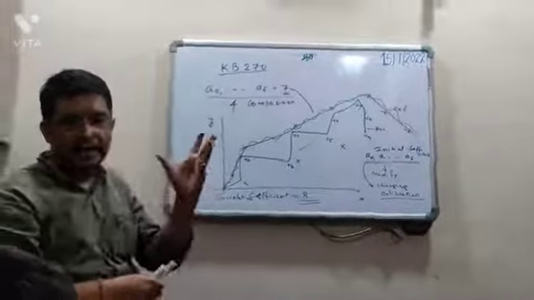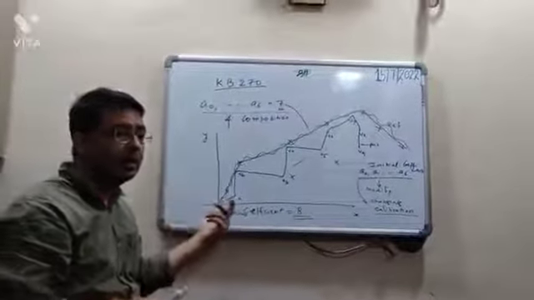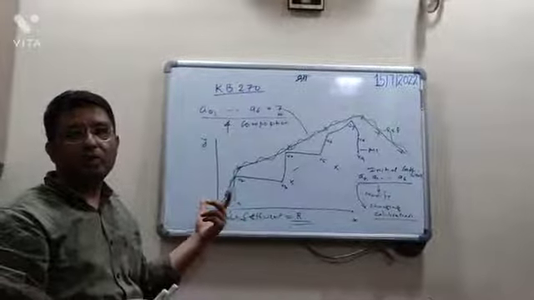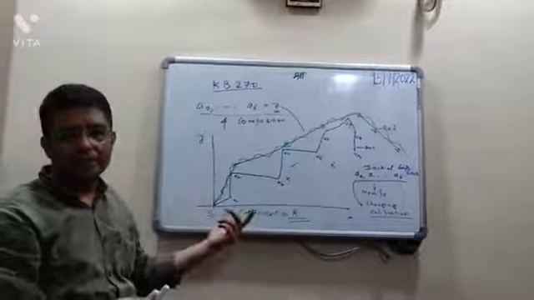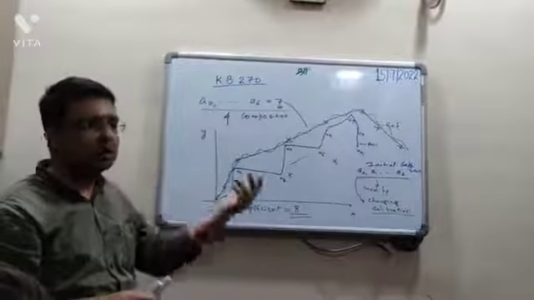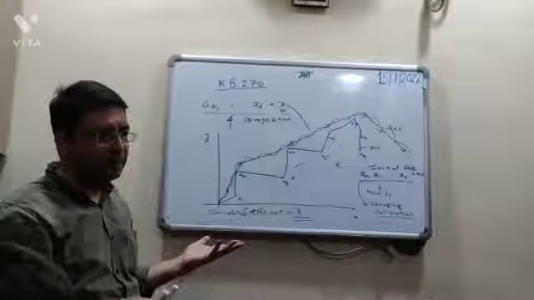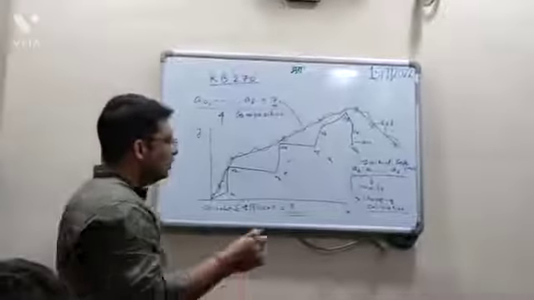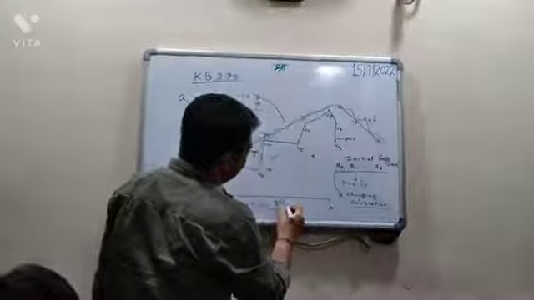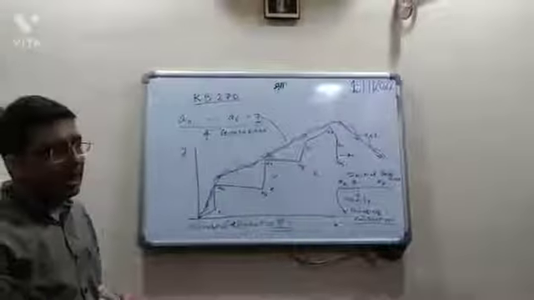In a nutshell, that information will be given by the coefficient of correlation or correlation coefficient, whatever you want to say, right? Some people may use the word R square.